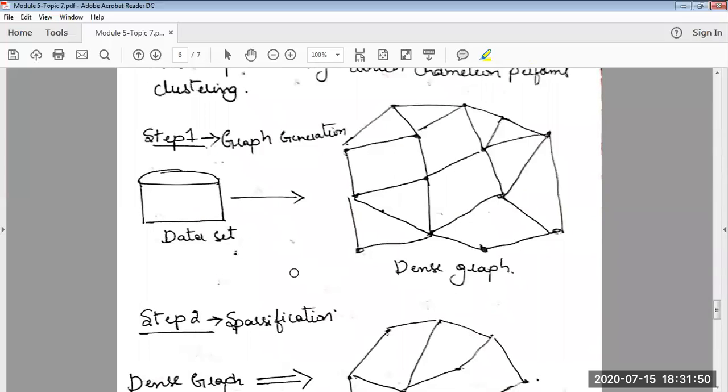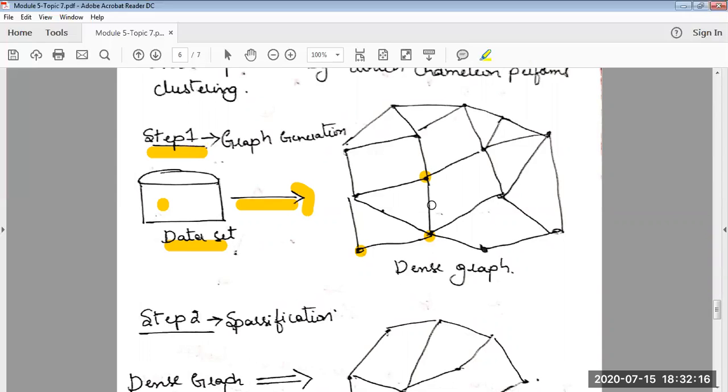Please try to remember we are under a graph-based clustering technique, meaning that step 1, from the raw data set that you have, generate a graph. Obviously, the data set is very huge, in gigabytes and terabytes, and the graph that you are getting out of this will be a dense graph.